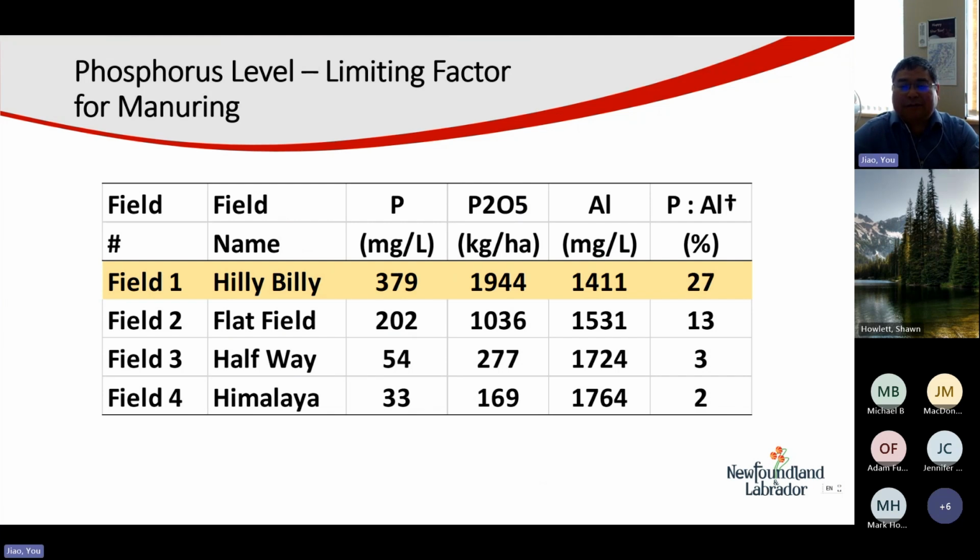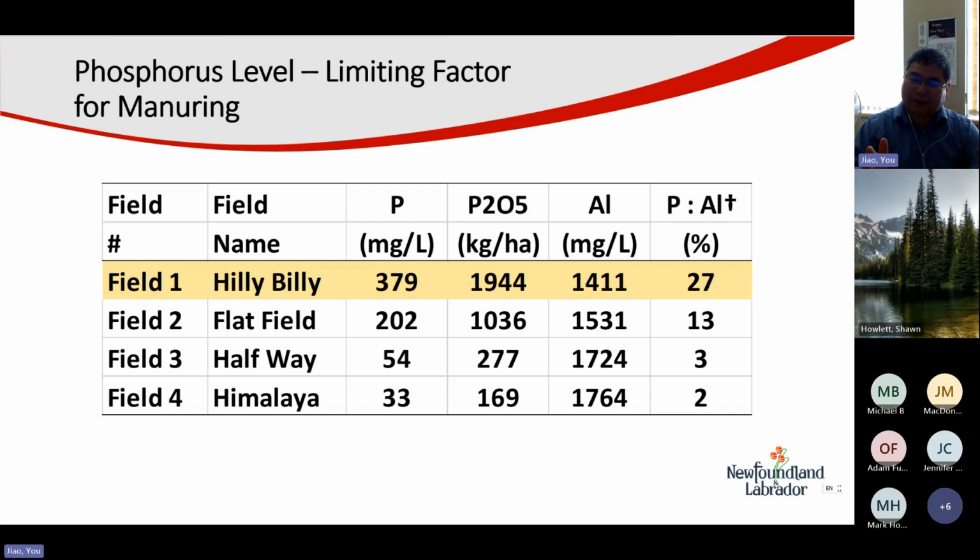Over around the last 20, 25 years, in the States, they have had joint research with Quebec, and they raised the phosphorus-aluminum ratio as a factor to consider for manure application.